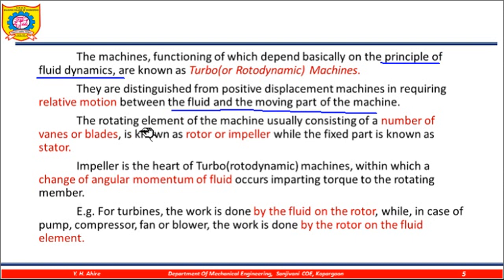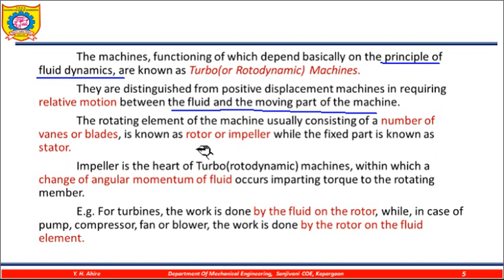Also, the rotating element of the turbo machine or rotodynamic machine usually consists of a number of vanes or blades, and it is known as rotor or impeller, while the fixed part is known as stator.